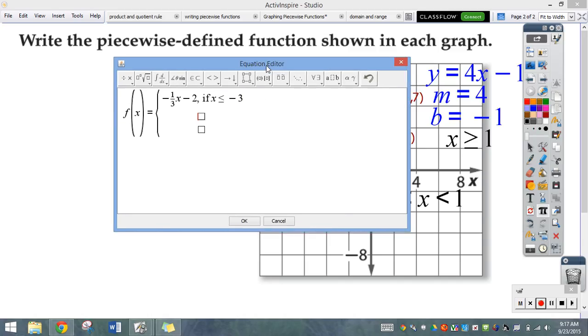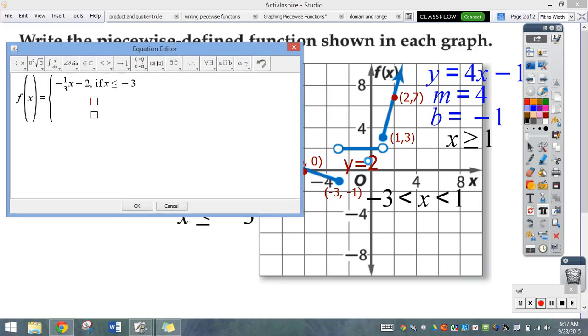And then I move on to the middle piece, which is my horizontal line at y equals 2. So you drop the y equals, and it's just 2. And then I put if. And then for this one, I have this compound inequality. So negative 3 is less than x, which is also less than 1.